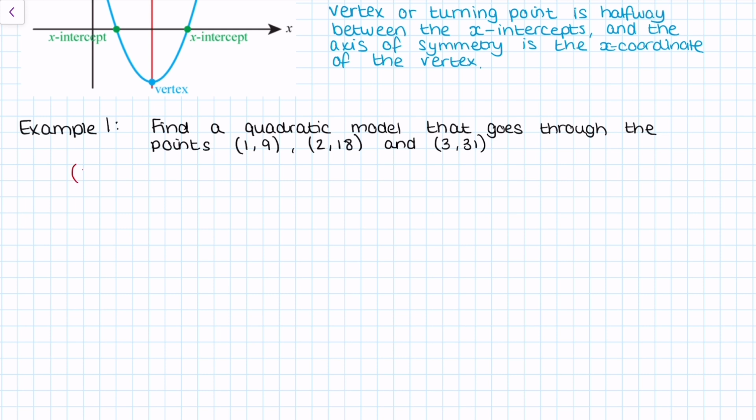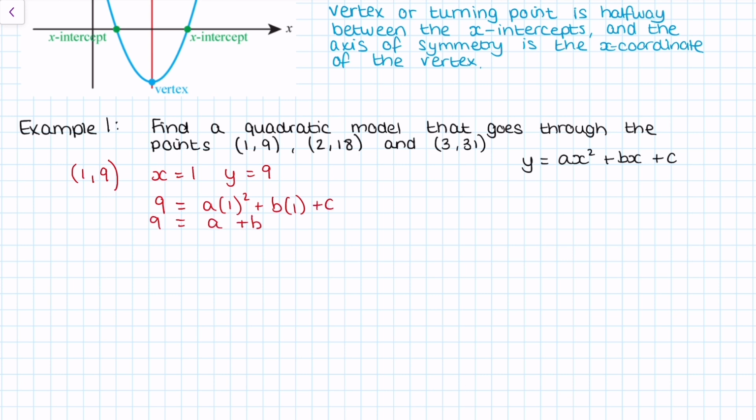If we start with the point (1, 9), x would equal 1 and y would equal 9, and we're going to use the equation y equals ax squared plus bx plus c, and sub x and y in. So the first equation would be 9 equals a times 1 squared plus b times 1 plus c, which just gives us 9 equals a plus b plus c.